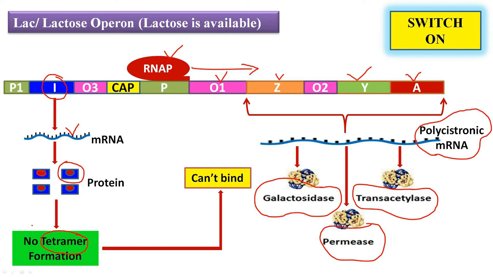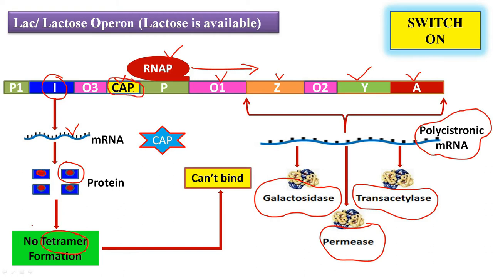But is there any other molecule which also plays a vital role in turning on this Lac Operon? Yes, the other molecule is CAP, catabolite activator protein. It's a dimeric protein, and it generally binds to this CAP binding site, this yellow color box.